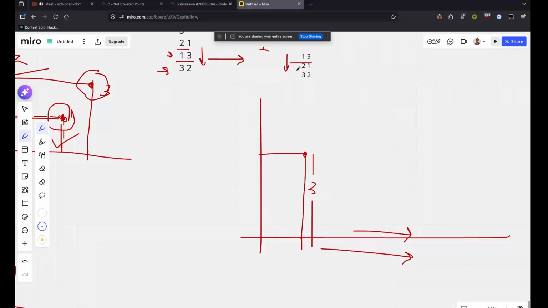Now if I take the second test case, 2 1, it will lie at something like this, and as you can clearly see, it is present at the right side of the first rectangle. This rectangle is below the height of the first one.